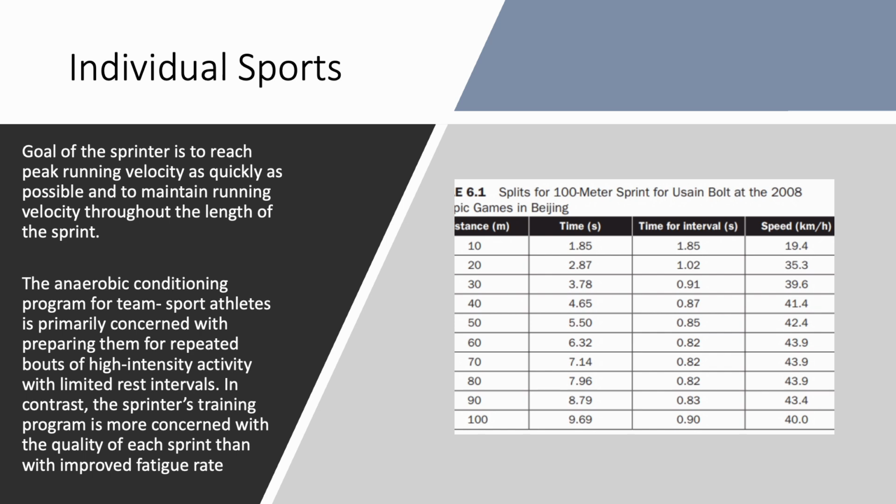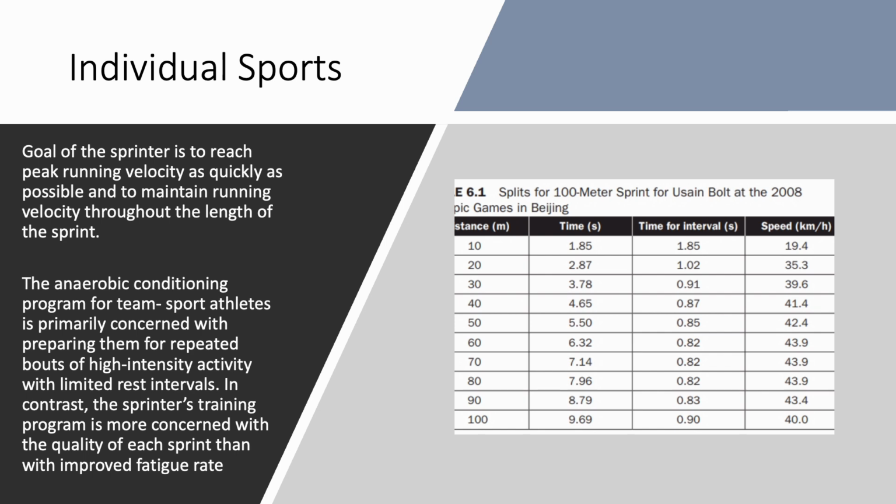In comparison to team sports, who perform various types of movements and variable intensities, individual sports may have a different goal depending on that sport. So let's take sprinting, for instance.